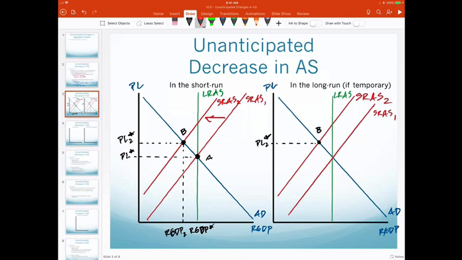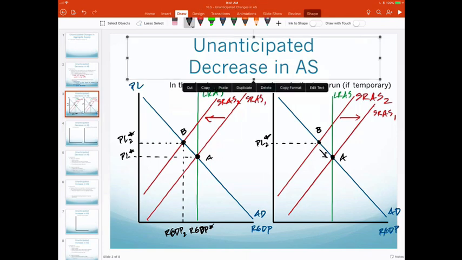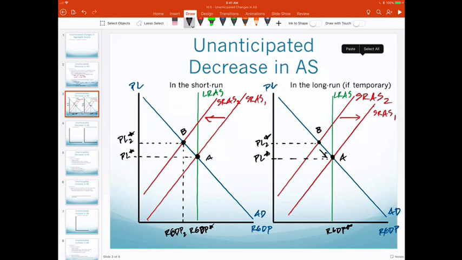It shifts back to where it was before. And the economy transitions back to point A here. It just moves back down this way. Therefore, the price level falls back down to where it was, price level, star, real GDP, star. So, if it's temporary, that's how it's going to play out.